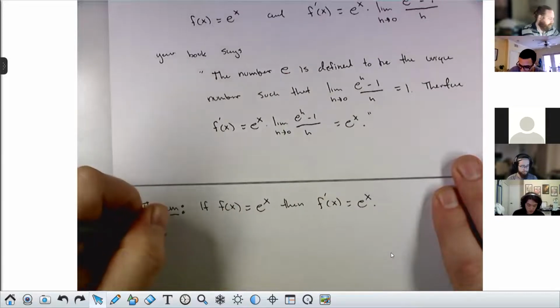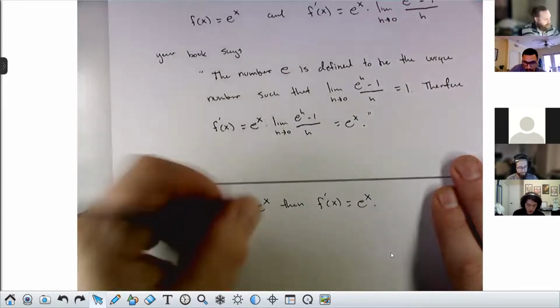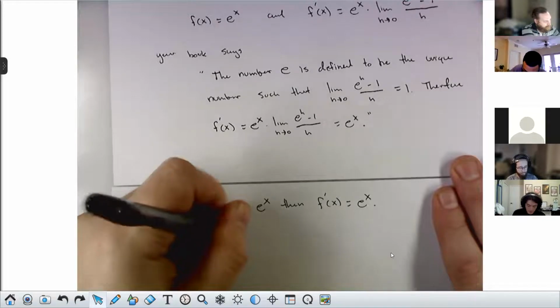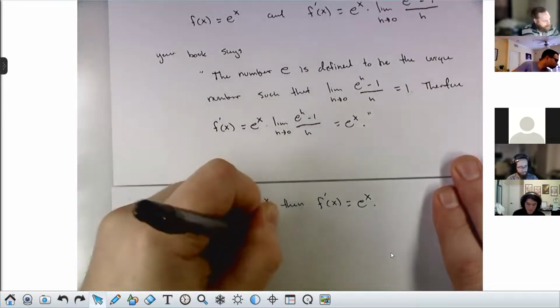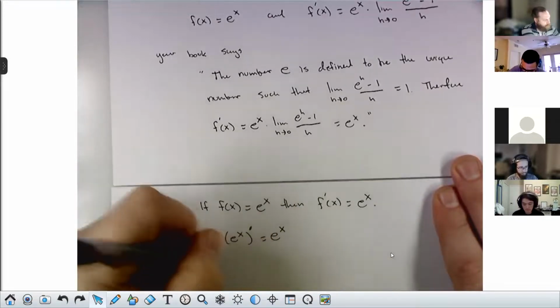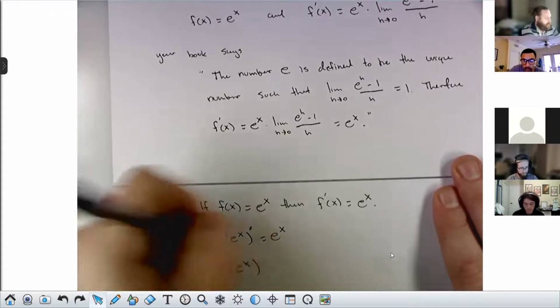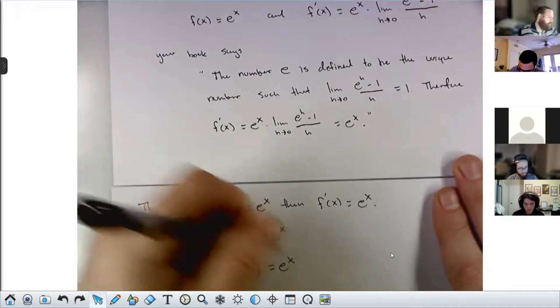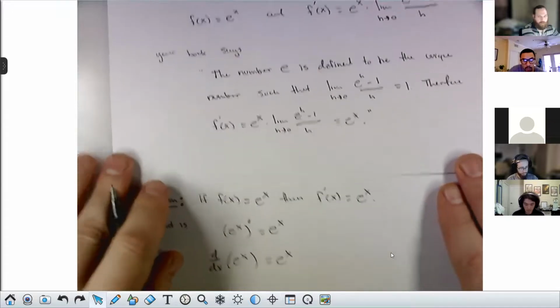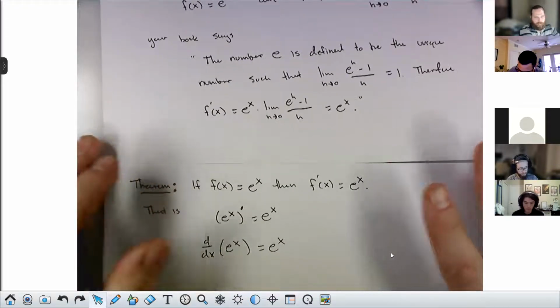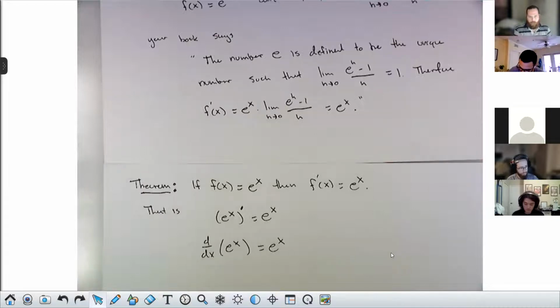That is, in alternate notations, (e to the x) prime is e to the x, or d/dx of e to the x is e to the x. Whatever language you want to use to describe this fact, e to the x is its own derivative. When you differentiate the natural exponential function, you get it back.